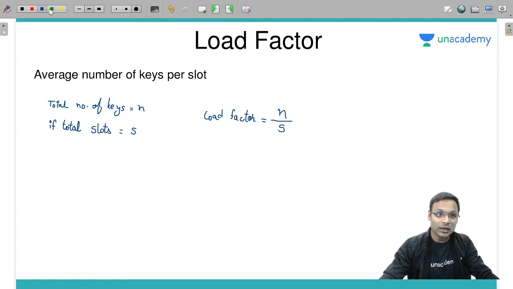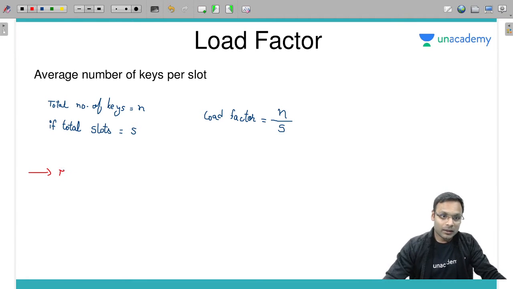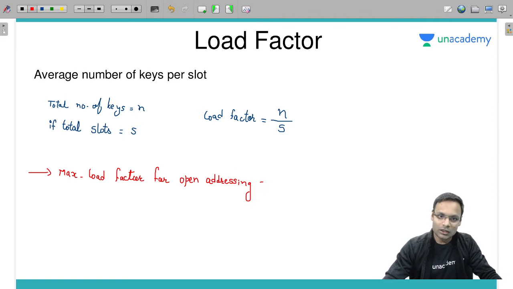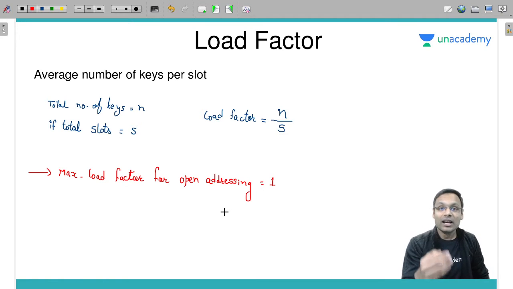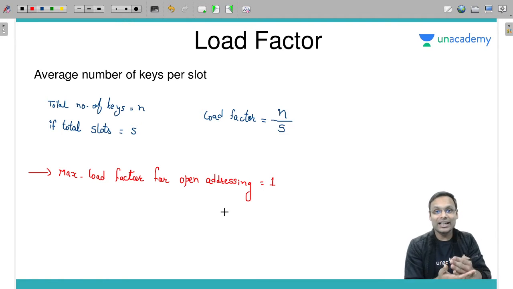Right? So if you understood, can I write a point here? That point can be your short note point in your final exam revision. Maximum load factor for open addressing is equal to 1. देखिए ऐसी चीजें जो छोटी छोटी बहुत सारी चीजें हैं, which you can of course sometimes understand by your own knowledge or understanding in the exam, well and good.